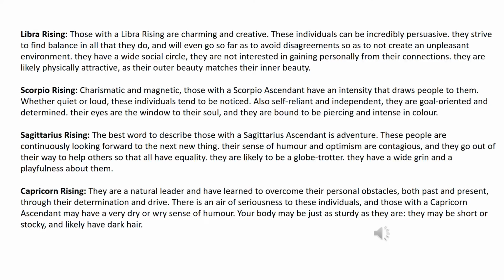There's charisma and magnetism with the Scorpio ascendant. People with Scorpio ascendants are independent. They like to be self-reliant, and they have a goal to go to, and they head there basically on their own, with or without you.